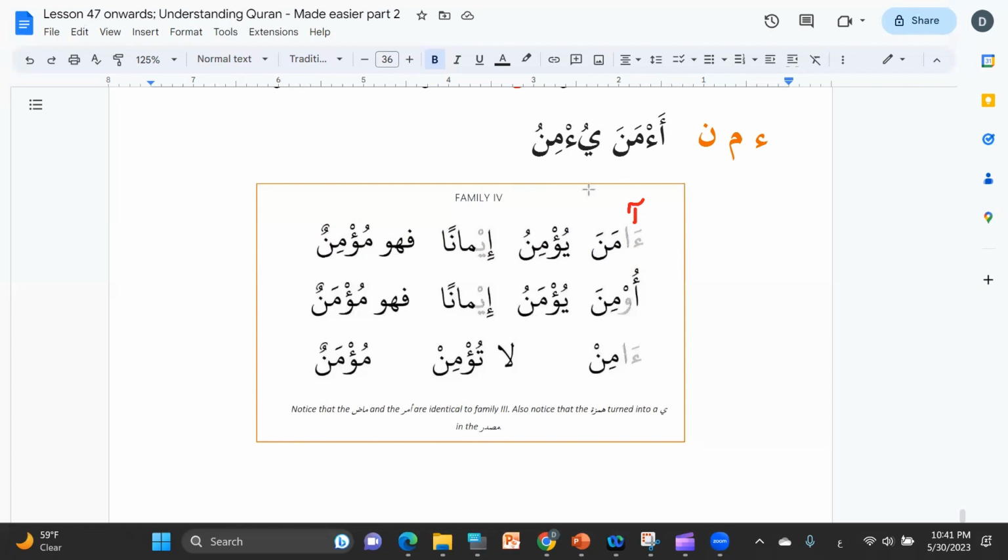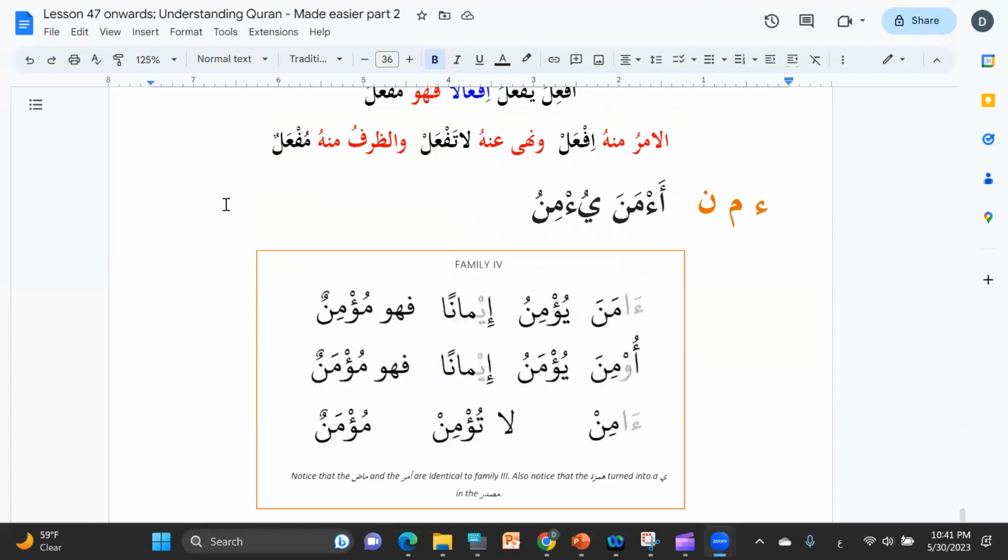So in family 4, we have changes in past tense, commanding fail, and masdar. So these are three changes in family 4 with Mahmoozul Fa. So far, so good.